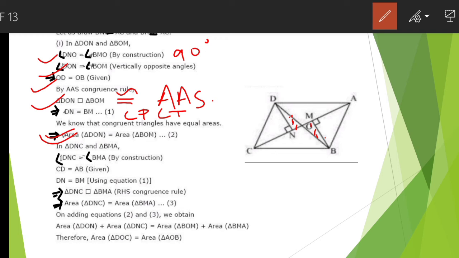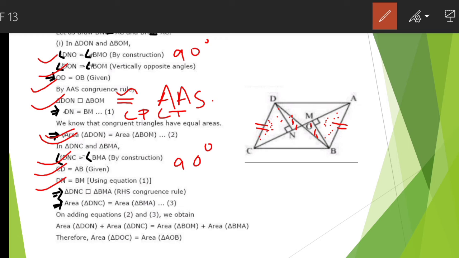Now we will consider the dotted triangles, that is triangle DCN and ABM. Here angle N and angle M are both equal by construction, that is 90 degrees. CD is equal to AB, already given, and DN is equal to BM, which we got from equation 1 using CPCT.